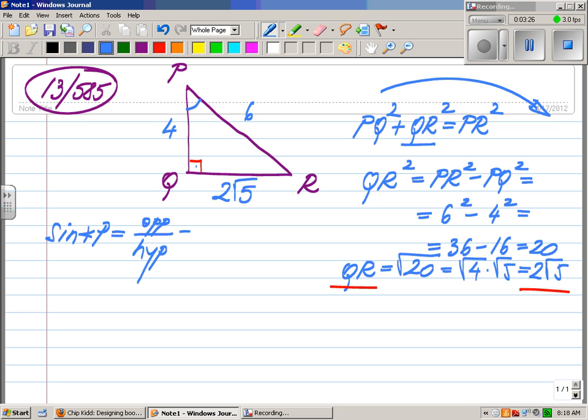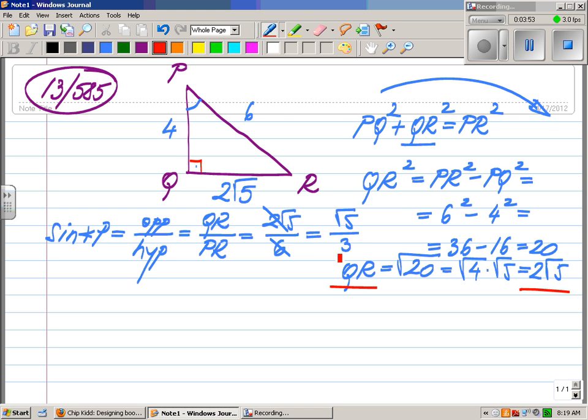In this case, the opposite is QR over hypotenuse PR. If you plug in your values, you have QR, 2 square root 5, over 6. You can simplify by dividing top and bottom by 2, and you have square root 5 over 3.